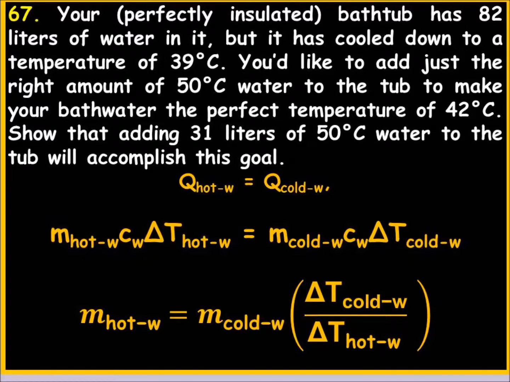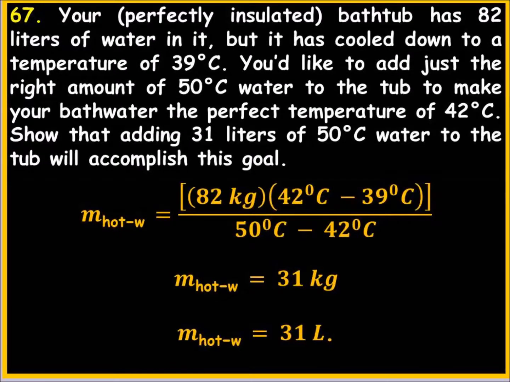And on the next slide, you'll have it continued. So here we're solving for the mass of the hot water. And now plug in for the mass of the hot water. It's going to be 31 kilograms. 1 kilogram is 1 liter. So 31 kilograms is 31 liters.